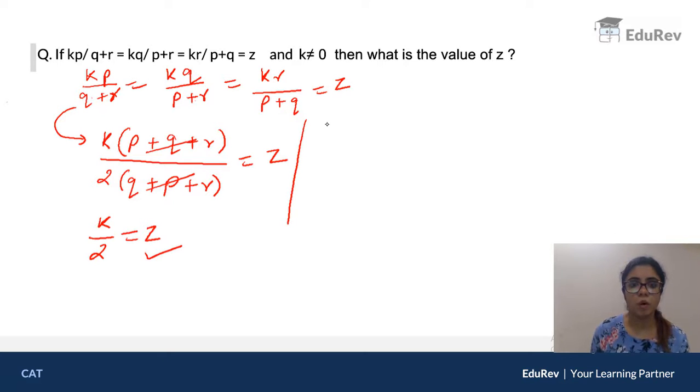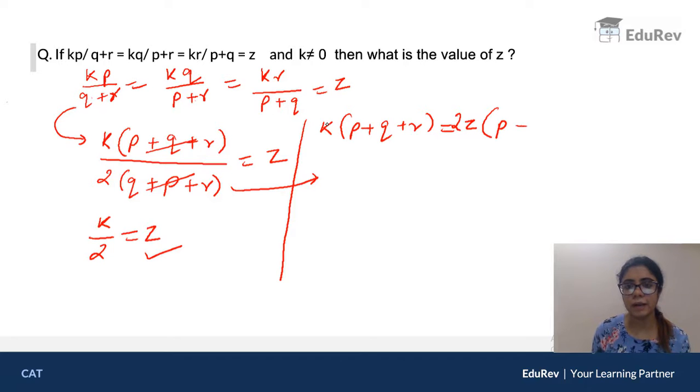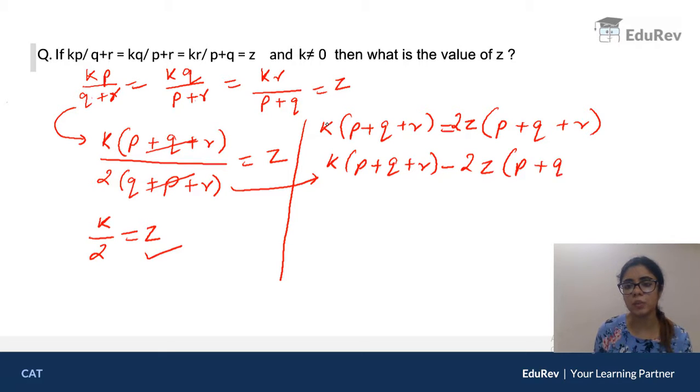Theek hai, so what will be the other case? Dekho, once you reach this stage, this is k times p plus q plus r. This is equal to z into 2, and this will come outside and this will be again p plus q plus r. Theek hai, so if we take everything on one side, this will be k times p plus q plus r minus 2z into p plus q plus r is equal to 0.